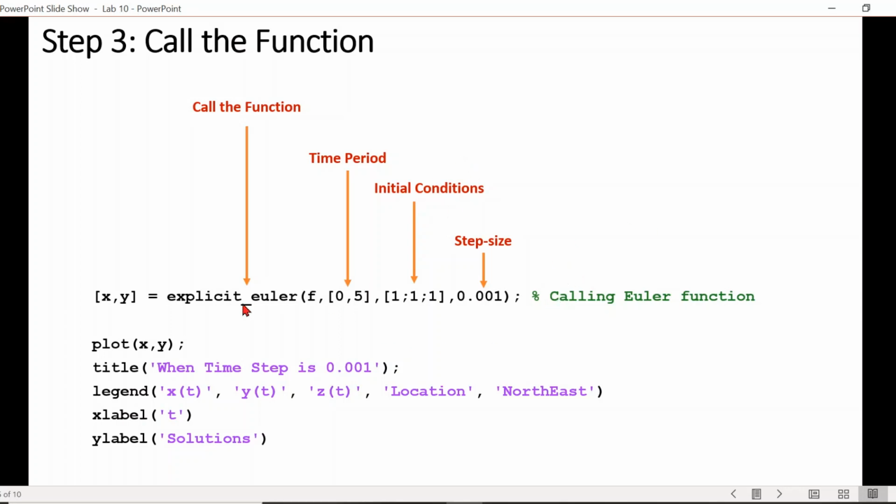Explicit Euler is the function; I mean, we are calling this function to solve the problem. 0 and 5 is the simulation time period, and then 1 1 1, these are the initial conditions, and 0.001 is the step size for the solution.